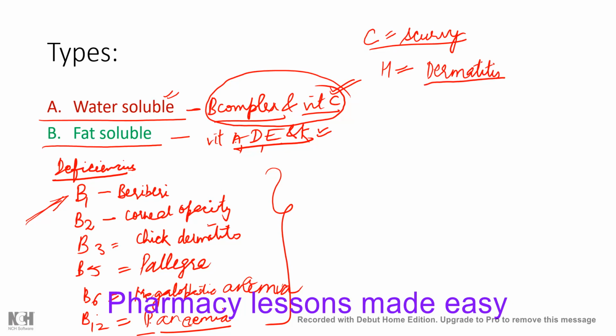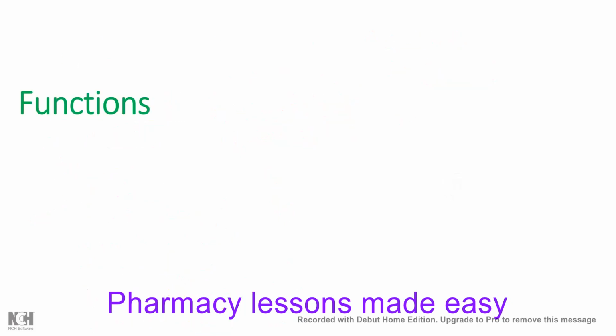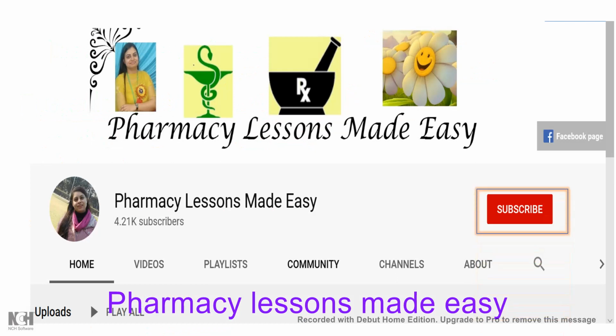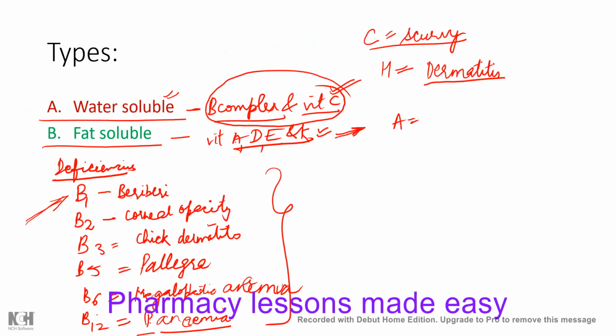If we talk about fat soluble vitamins, that are vitamin A, D, E, and K. So vitamin A causes night blindness. Okay, vitamin D causes rickets and osteomalacia.